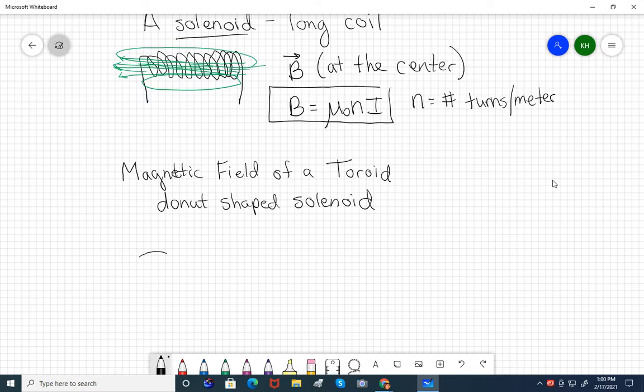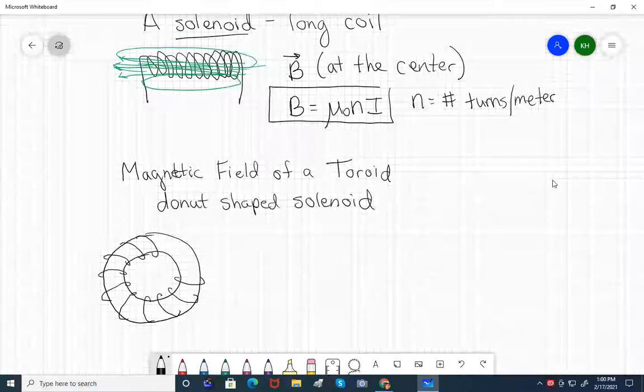A lot of times when they make solenoids or toroids, they actually wrap them around a metal core, like a soft iron core. So if you think of having a ring of metal like iron, and then you wrap around and around and around. Although probably most of the time these wrappings would be so close they'd be touching. It's just hard to draw. So it looks rather like a donut.